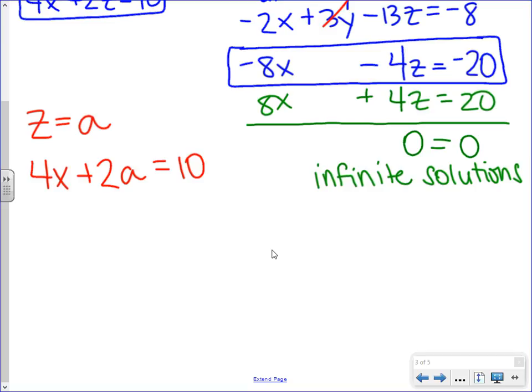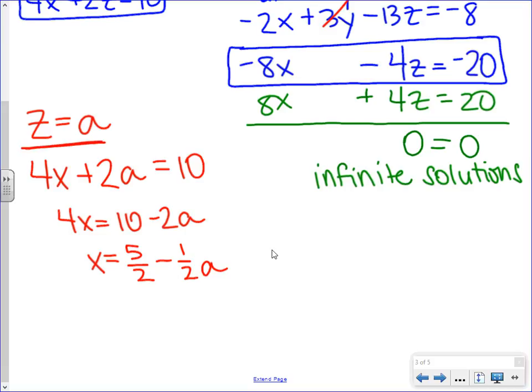So now we get to solve for x. 4x equals 10 minus 2a. 10 divided by 4 is 5/2. Minus 2 divided by 4 is 1/2. So if z is a, x is 5/2 minus 1/2a.